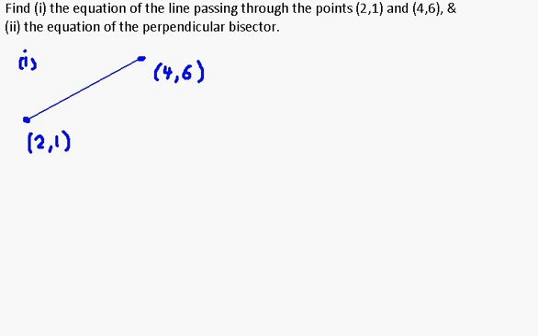Okay, so we have our method, and we're now going to tackle part 1, and find the equation of the line that goes through the points (2, 1) and (4, 6). First of all we start off with the general equation, y is equal to mx plus c, and it is this m, the gradient, that we're going to work out first.